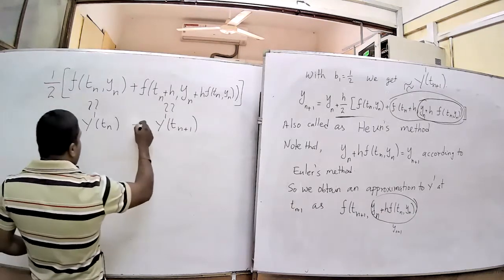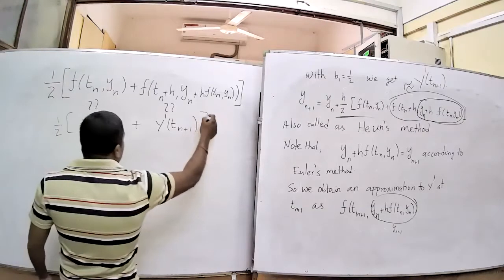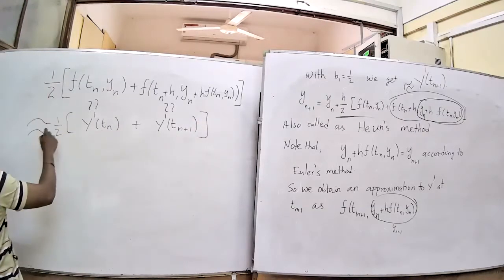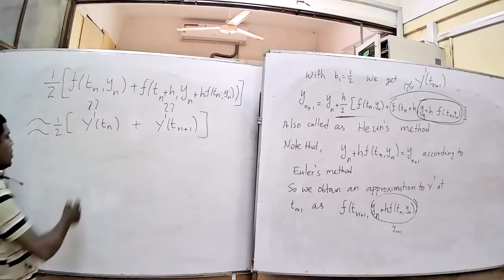So basically what you have is this is half, so this is approximately this, and half of this is approximately this. But this, you know, is the slope.